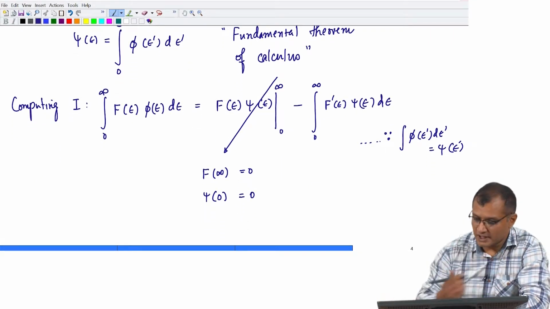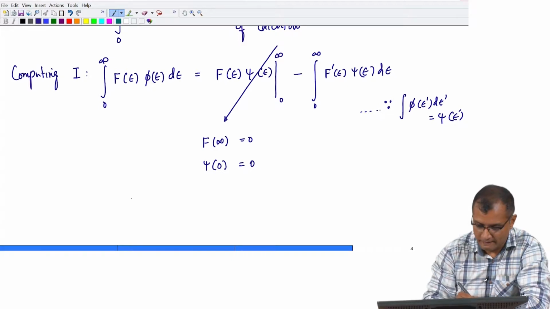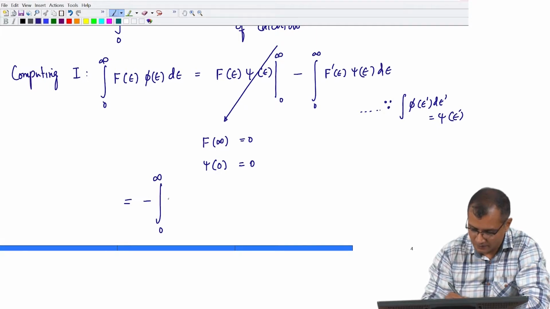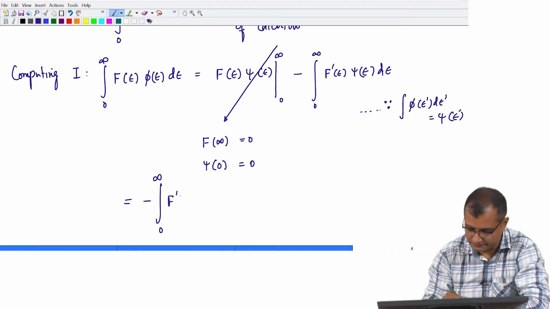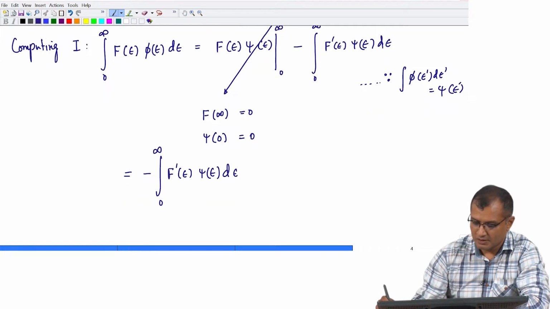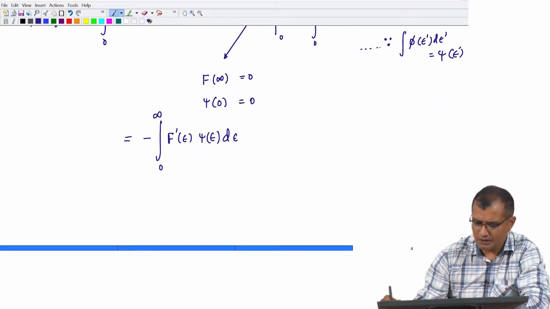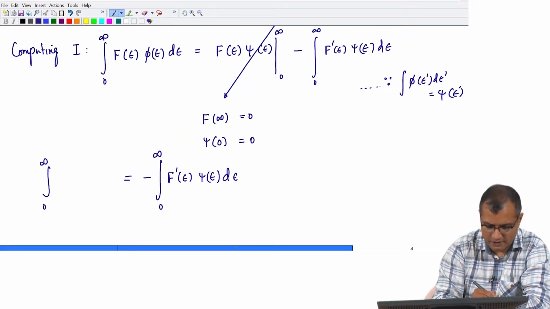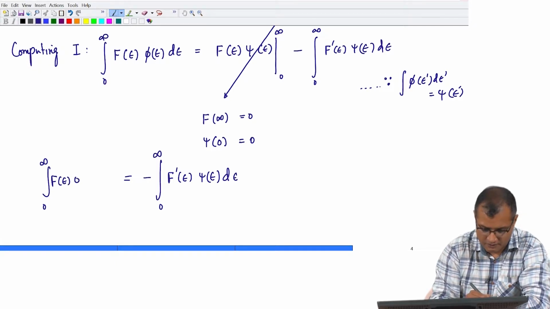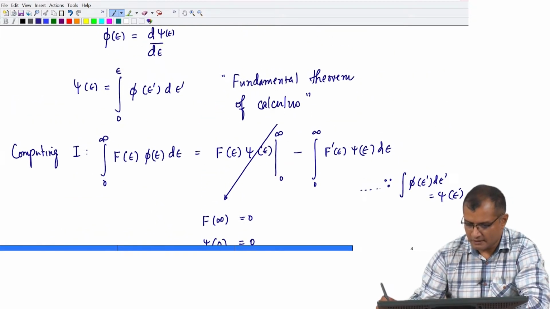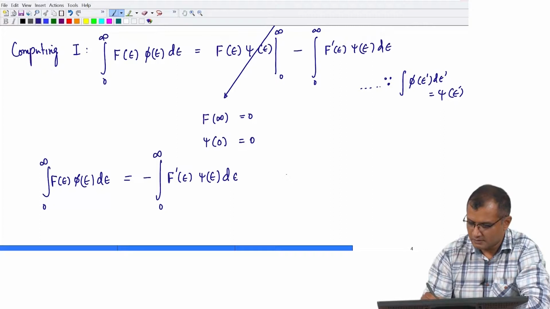So, that pushes the first term to 0, leaving me with the second term alone, which is negative integral of f prime psi of E dE. So, now our left hand side is basically the integral 0 to infinity f of E phi of E dE. Let us call this equation number 8.